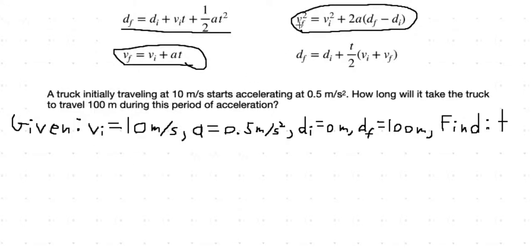So again, let's start with the Vf squared equation. So we know Vi, we know A, we know df, and we know di. So we can plug in those variables and then solve for Vf.